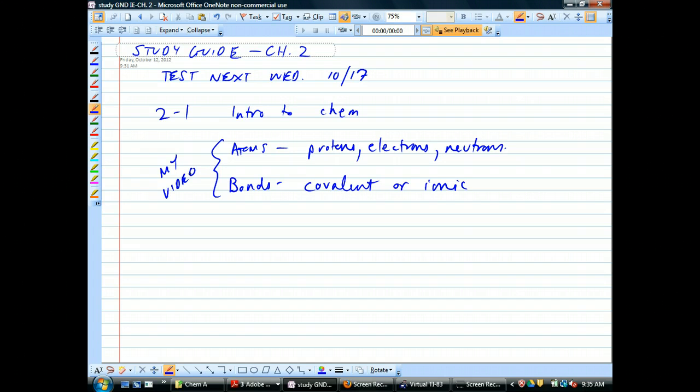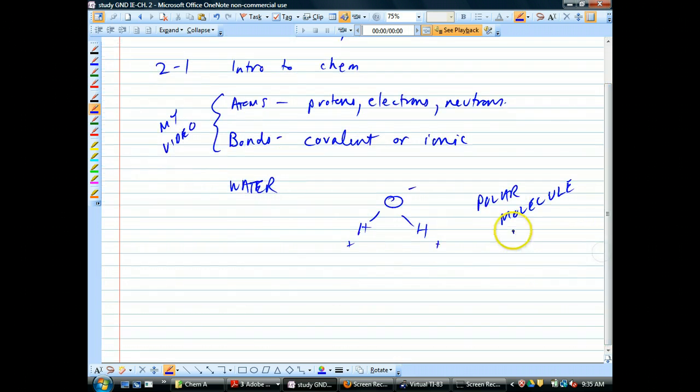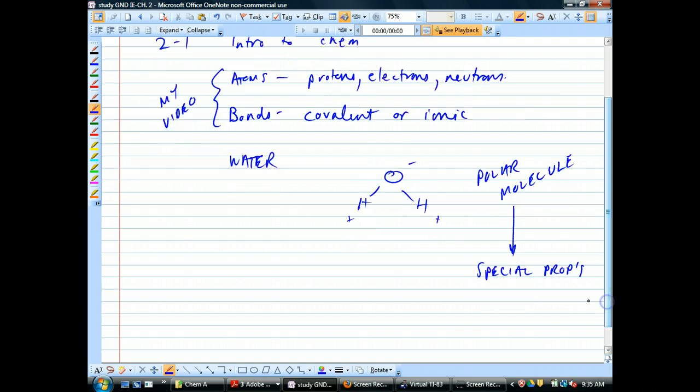The next thing we moved on to was water, and basically the special properties of water. There's a little diagram in your book that looks something like this. That's very important because the idea is that water is a polar molecule, which gives it very special properties, like the ability to dissolve ions, right?